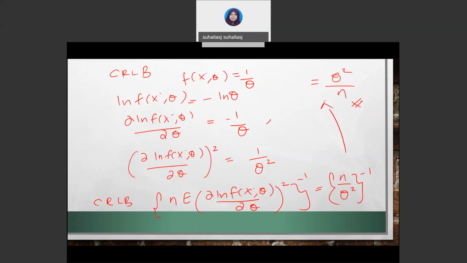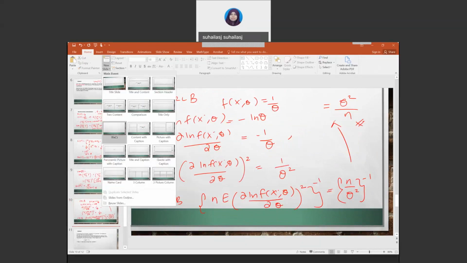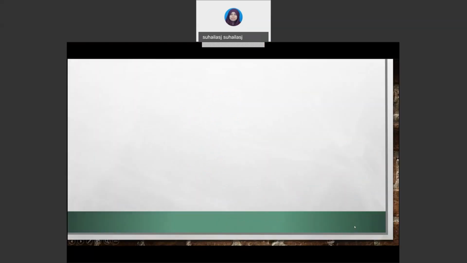Okay, so let's say we get variance of theta hat. The variance of theta hat you got before is theta square over n plus 2.